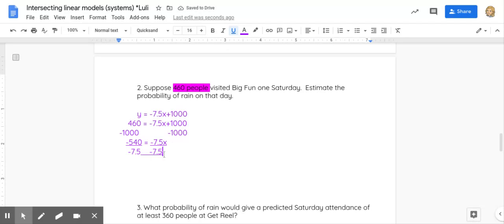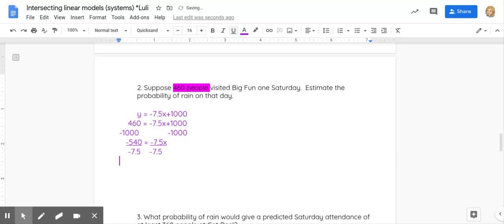And that should not be underlined, so I'm going to fix that. All right, so when I solve that left side, negative 540 divided by negative 7.5, type that on your calculator. You do get 72 equals, and all you're left with on the right is x. So my final answer is 72 equals x.